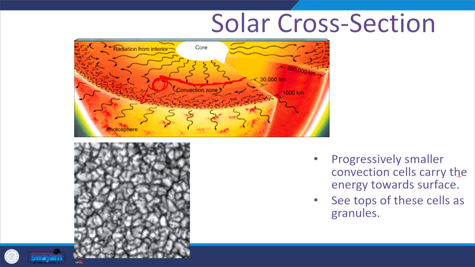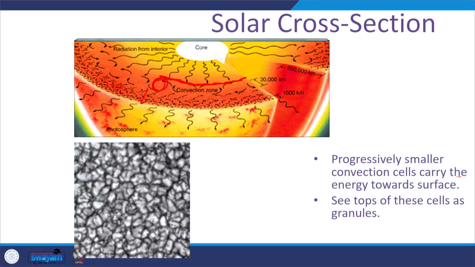Why? Because at the bottom of the convection cell, the energy input is so high. With more energy input, the size of the convection cell will be larger, because you have given a lot of energy to the fluid and it can rise to a larger extent. Nothing is conserved. The same amount of energy can never be transported to the other side. There is a loss.